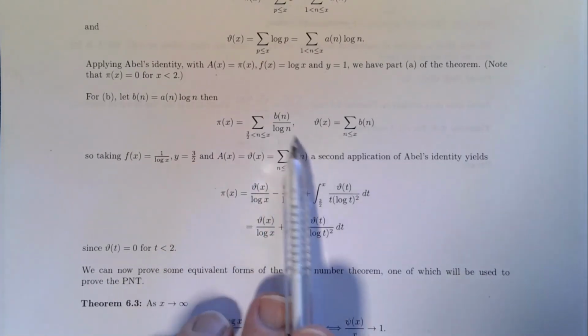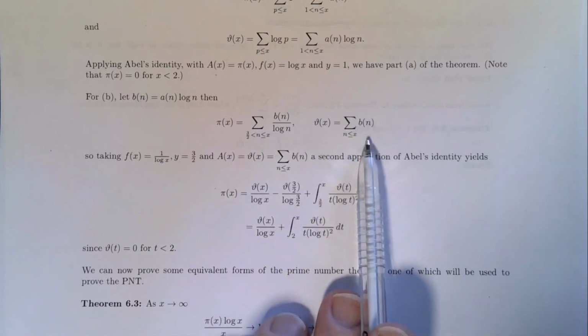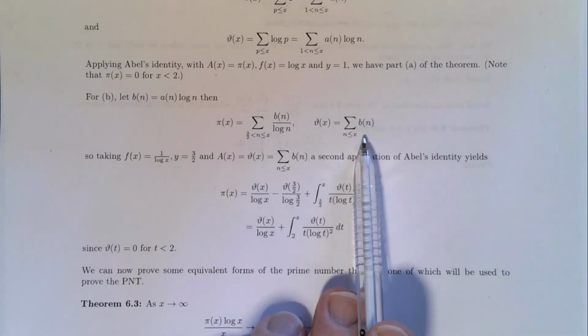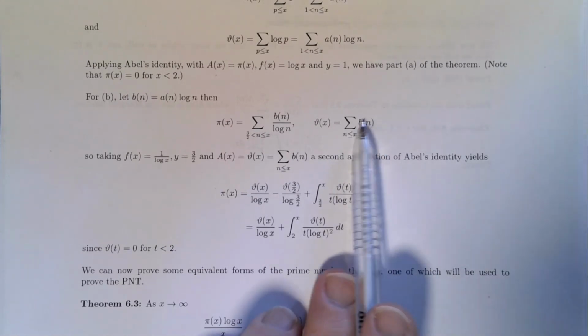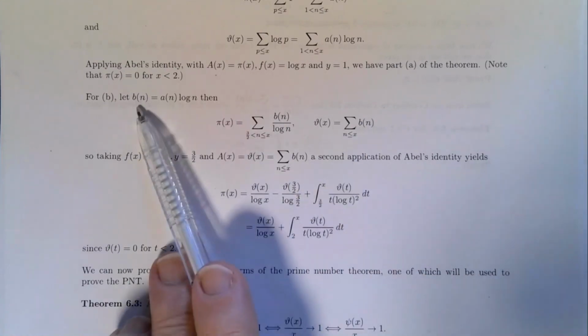So we can write this in this form, and theta of x we can write as this one, because again it's just log p, so this is 0 unless n is a prime. So we can rewrite these in terms of this new sequence b(n).